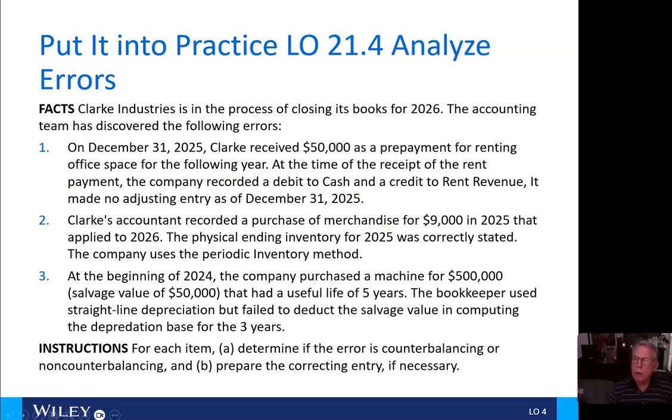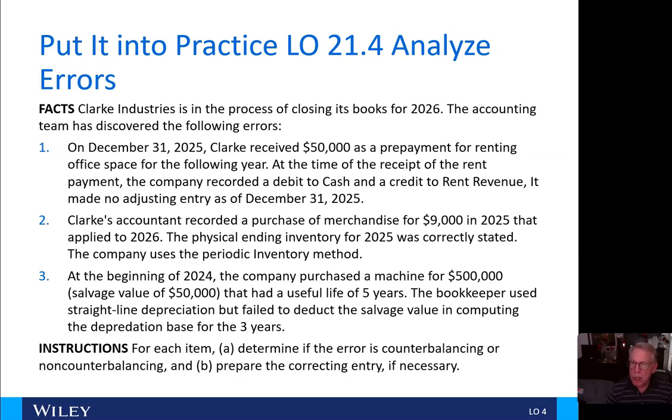If we put this into practice further, the Clark industry is in the process of closing its books for 2026, and they discovered the following errors. One, on December 31, 2025, Clark received $50,000 as a prepayment for renting office space for the following year. At the time of the receipt of the rent payment, the company recorded a debit to cash and a credit to rent revenue.